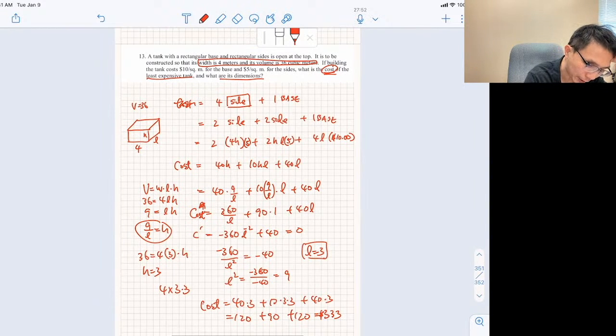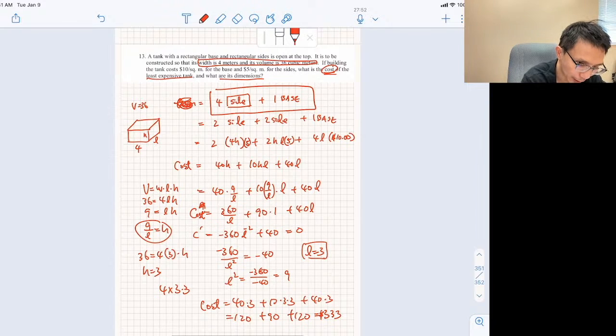And that is how I solve the cost equation. At first, I break down the sides: there are 4 sides, and I break them into two pairs, taking into account the back side, so it's 4H times 2.